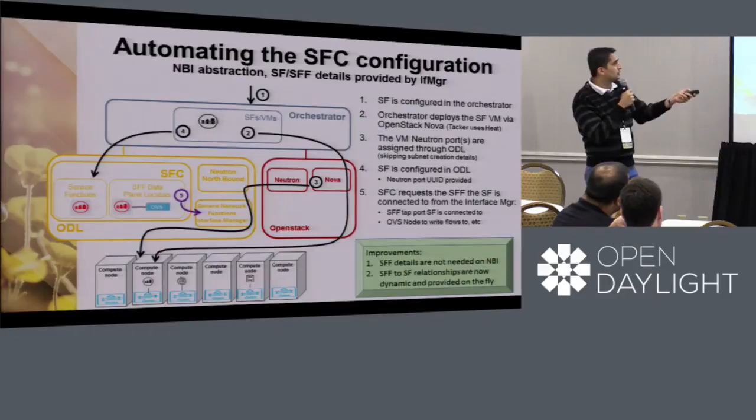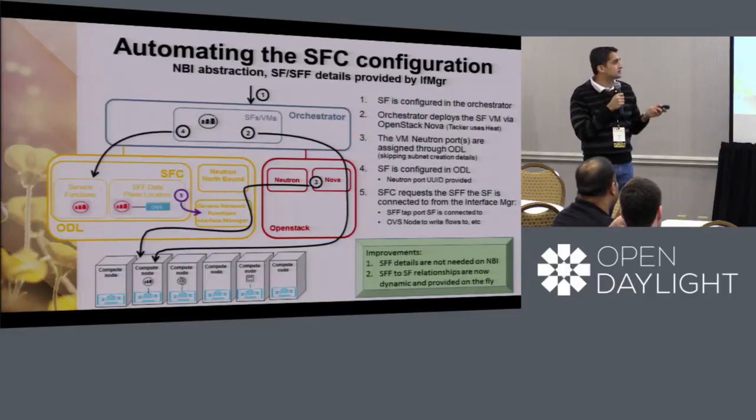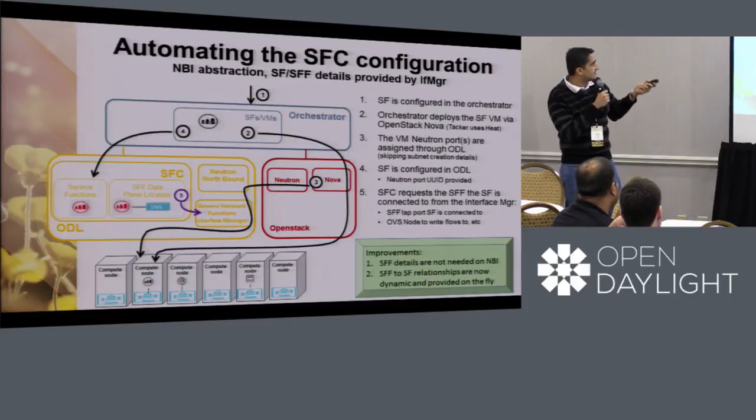This neutron port UID tells me the identity of an entity that connects, such as an OVS switch to a virtual machine. That is what is given to the SFC, and its configuration flows down to the SDN controller as SFC configuration.